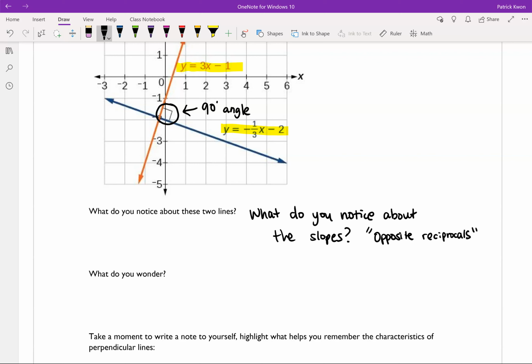And reciprocals are when you reverse the numerator and the denominator. So one of them has the slope 3 over 1, which is the same as just 3. And the reciprocal is if we flip the numerator and the denominator to be 1/3. So these are called reciprocals.